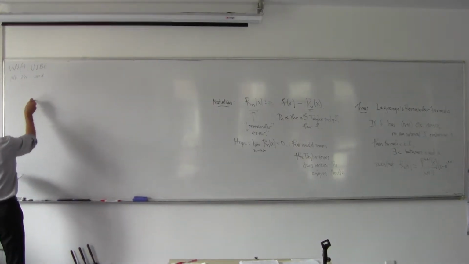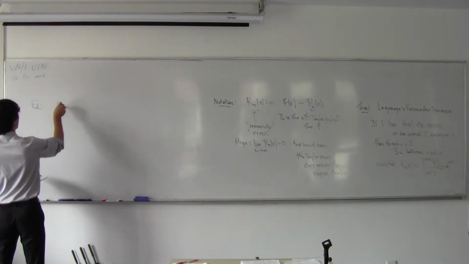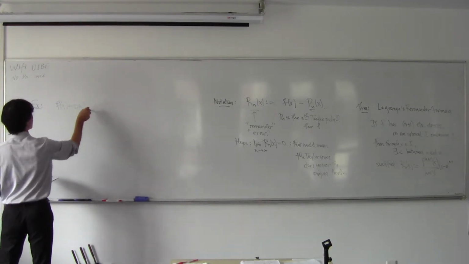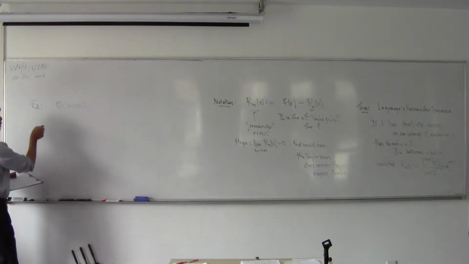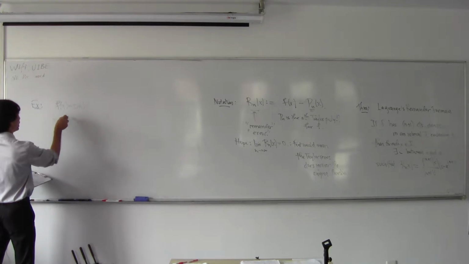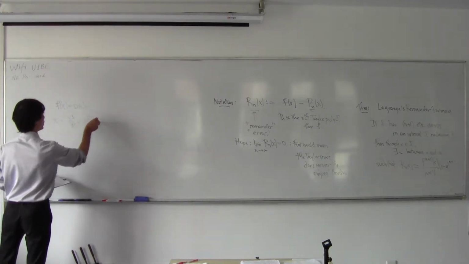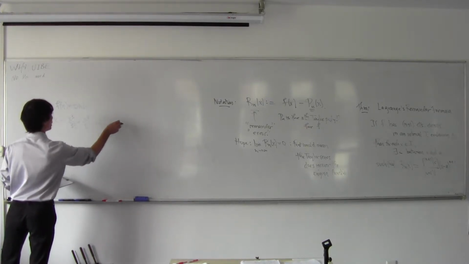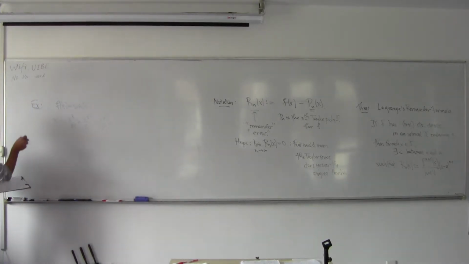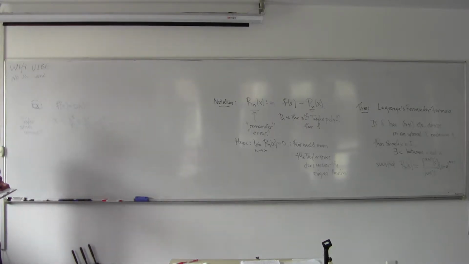For example, we have over here f of x is sine x, and we have this Taylor series expansion, x minus x cubed over 3 factorial plus x to the 5th over 5 factorial minus x to the 7th over 7 factorial plus minus, etc. That's the Taylor series around 0.